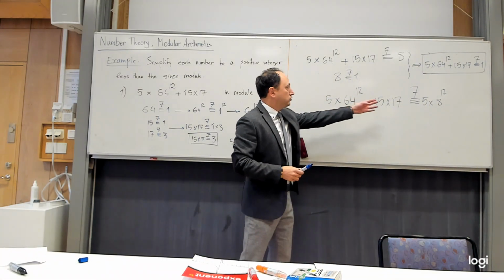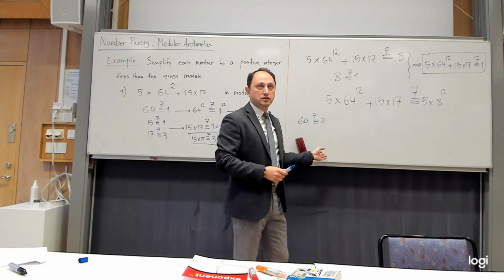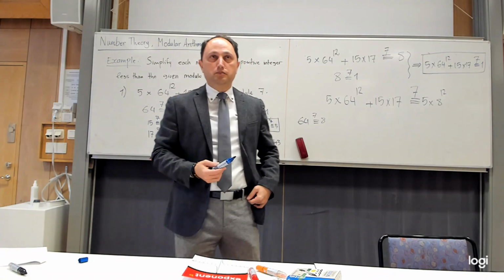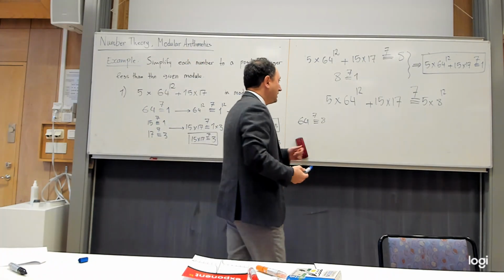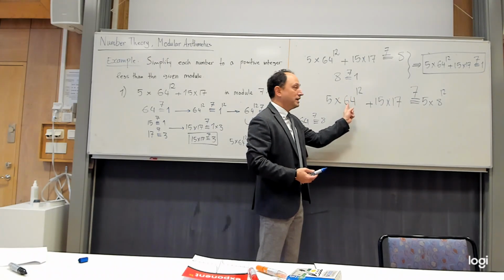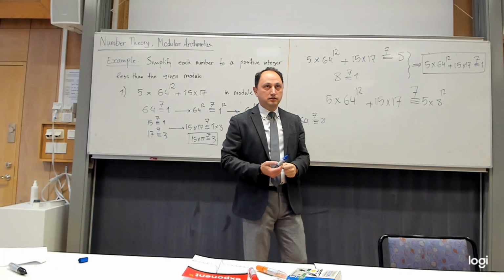Even if you write this, it is totally correct, but it is not that efficient, because 8 to power 12 for calculation by hand is still a big number. Yes? So here you have to be patient and ask yourself, can I find a smaller number so that if I replace 64 with that number, raising it to power 12 becomes easier?